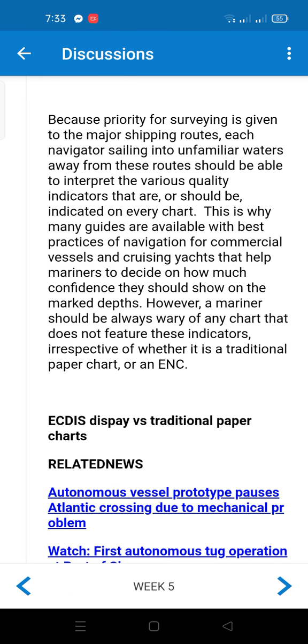Because priority for surveying is given to the major shipping routes, each navigator sailing into unfamiliar waters away from these routes should be able to interpret the various quality indicators that are or should be indicated on every chart.